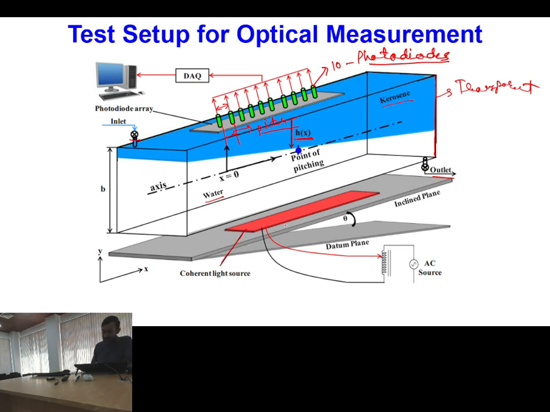This light source has a luminous flux of around 1500 lumens and a power of 50 watts. The signals of all the photodiodes are taken through a data acquisition system into a computer. So this is the arrangement: the light source is at the bottom and the photodiodes are at the top.